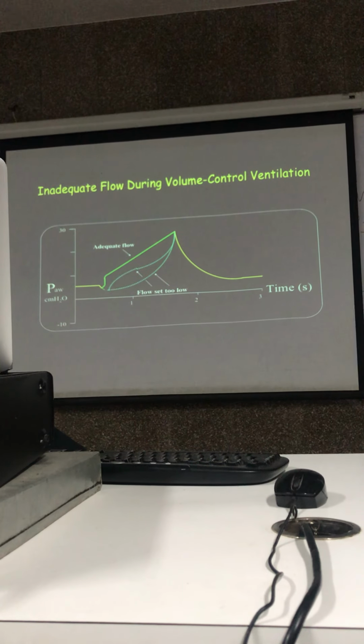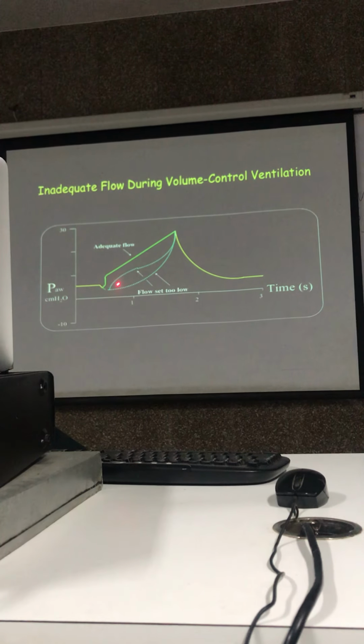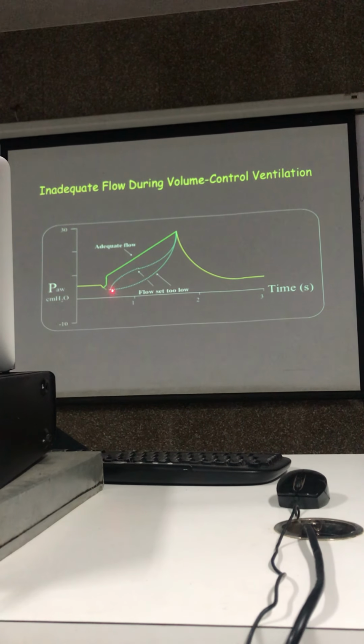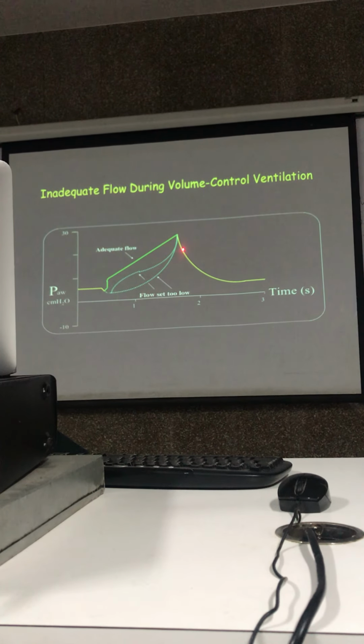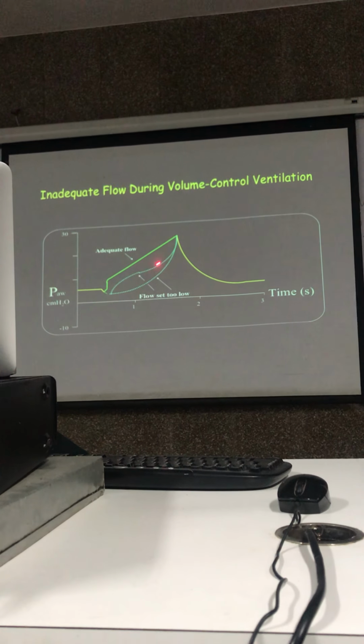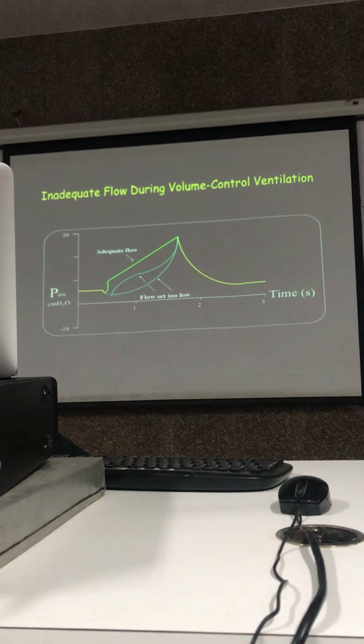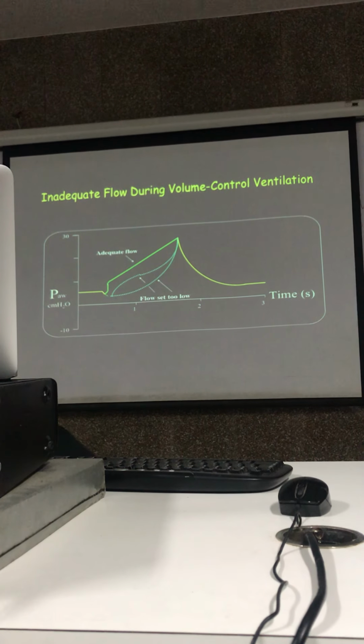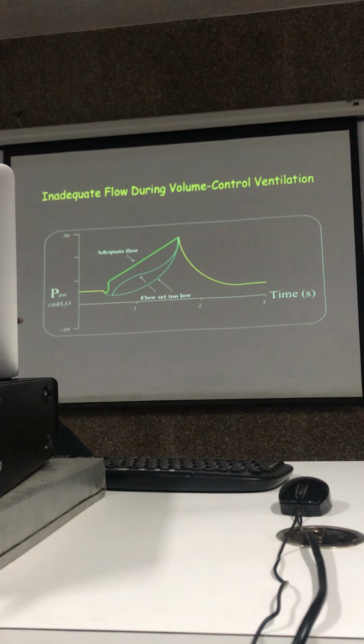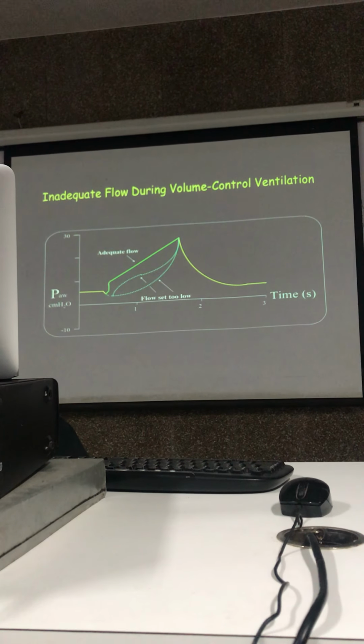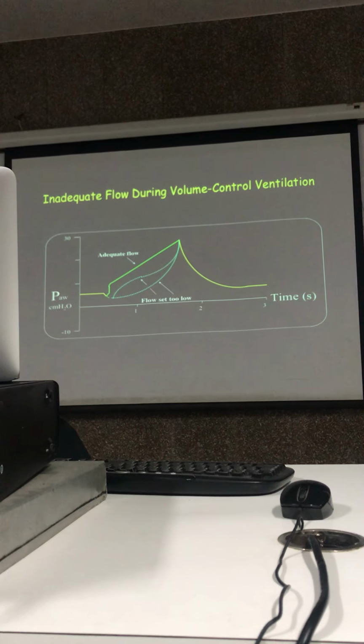This is adequate flow. If the flow is set too low, you can get a concave pattern. You can get an irregular pattern, okay, with some convexity. And again, as you said, there's a concavity in these patients. So by looking at your inspiratory limb, you can determine whether you are giving adequate flow to your patient or not.